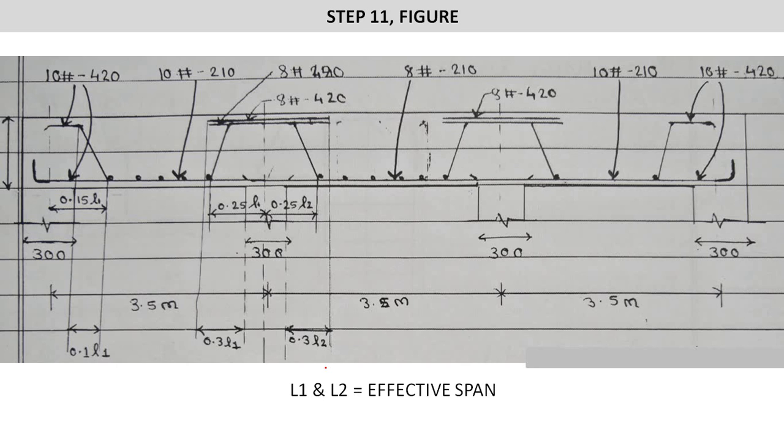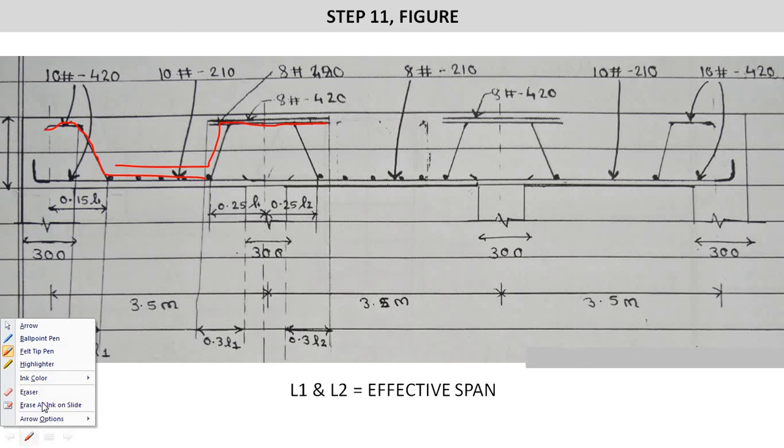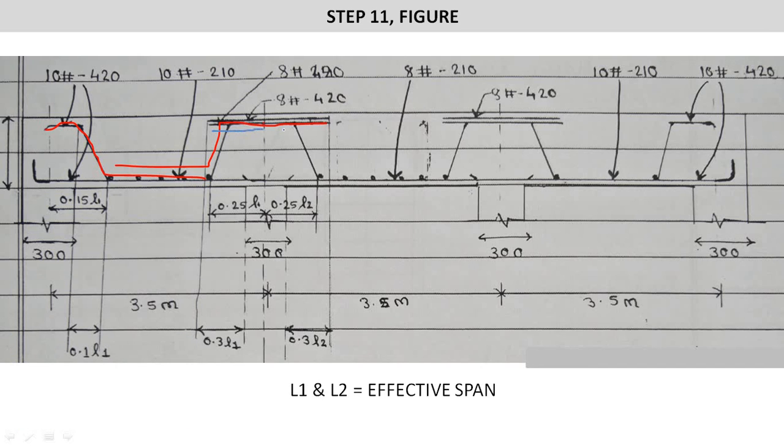So we have seen the provided bent up bar, which will be alternative from here to here, and from this span it will come from here to here, and alternative bent up from here to here.